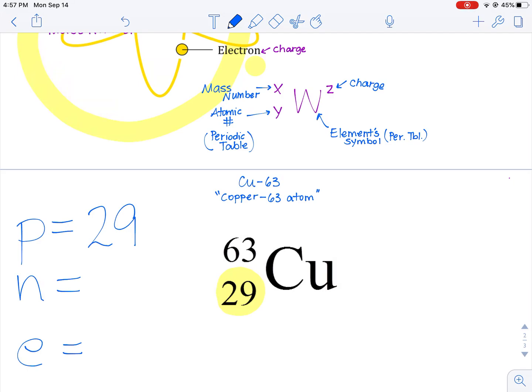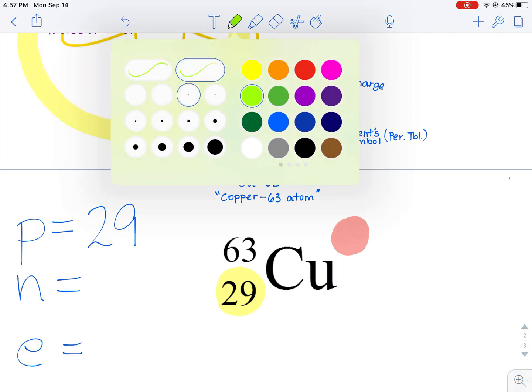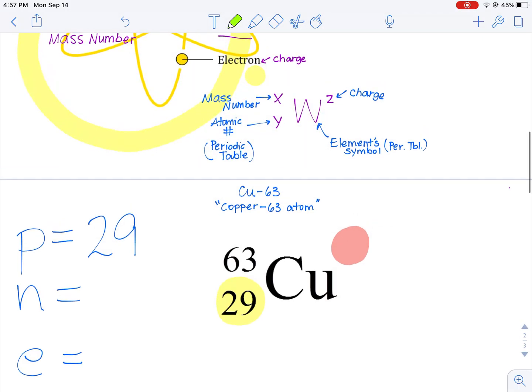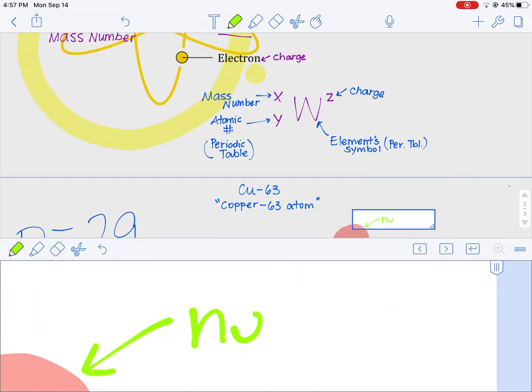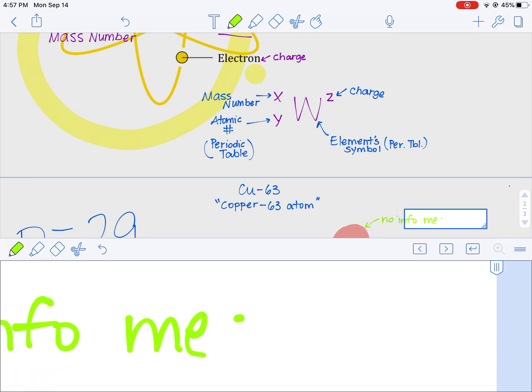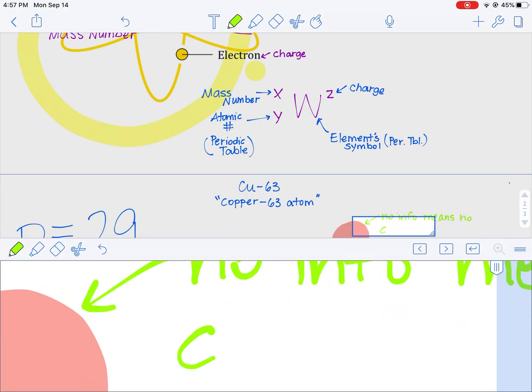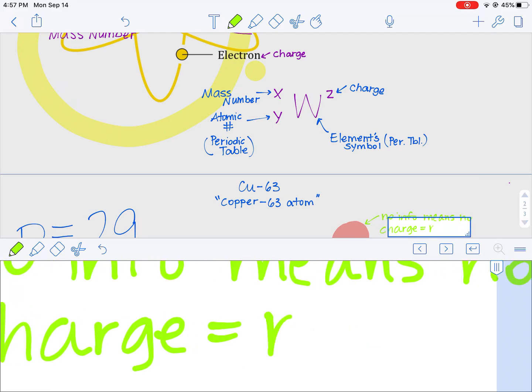The next spot I tend to like to go to is information in the charge position. But there's no information there. Oh, if there's no information, what kind of charge must there be? No charge. No info means no charge. Something that has no charge is neutral.